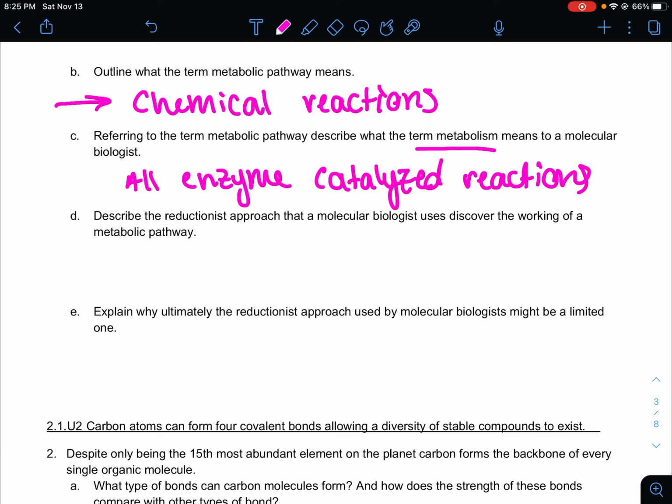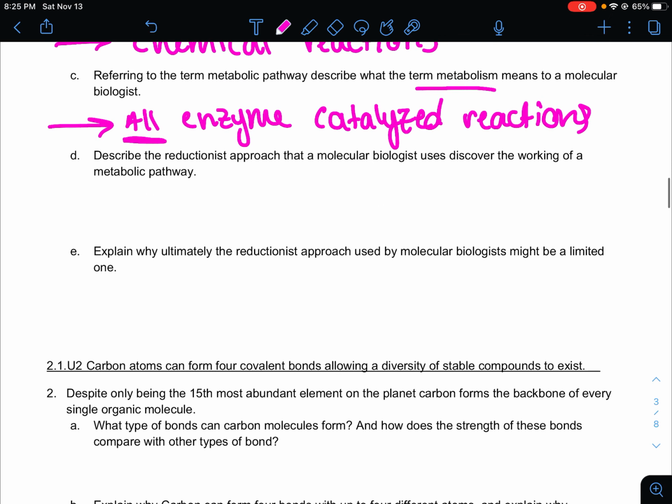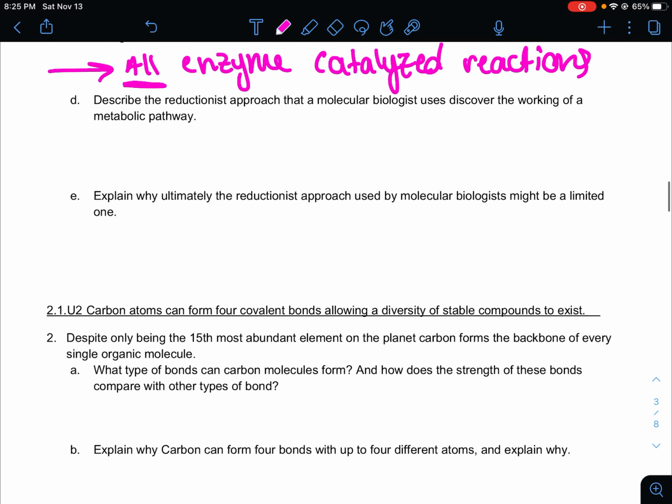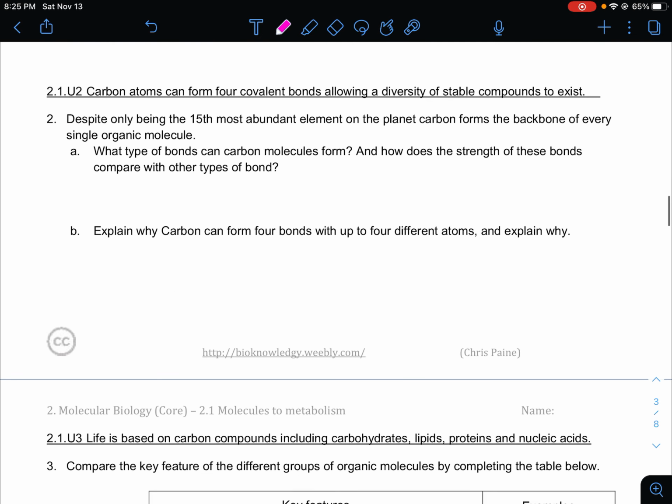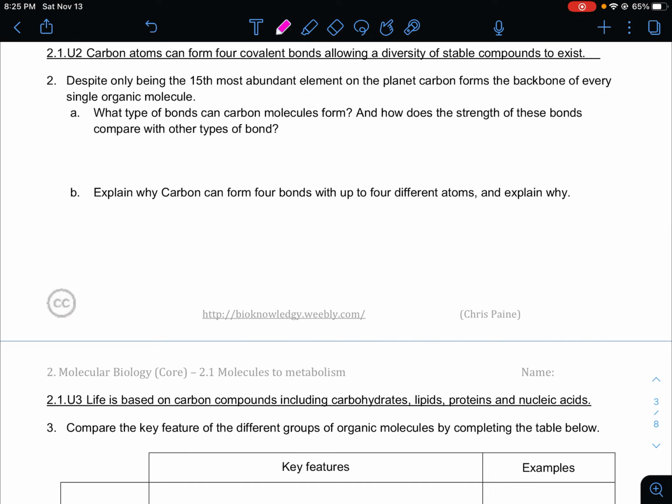So the difference is that the metabolic pathway is one sort of pathway of chemical reactions that is happening, whereas metabolism is all of them. The web of metabolism, like we call it. So everything that is happening in that cell in terms of chemical reactions. For D and E, don't worry about them. They won't be on the quiz.